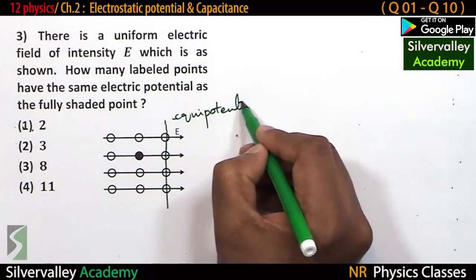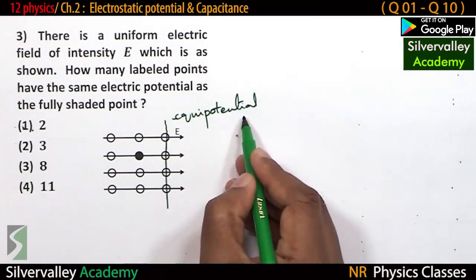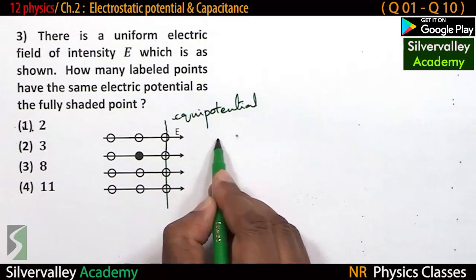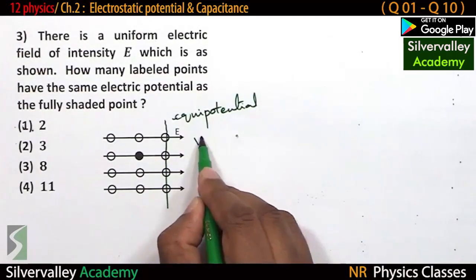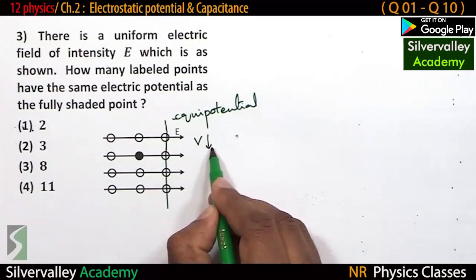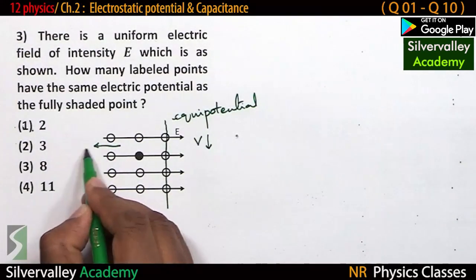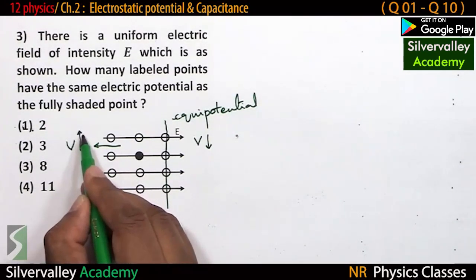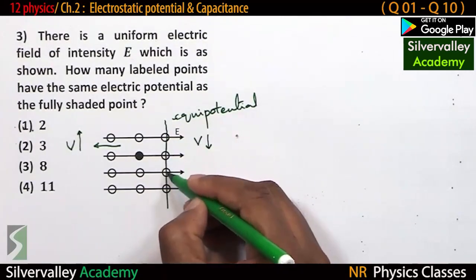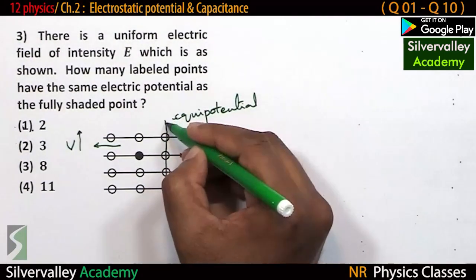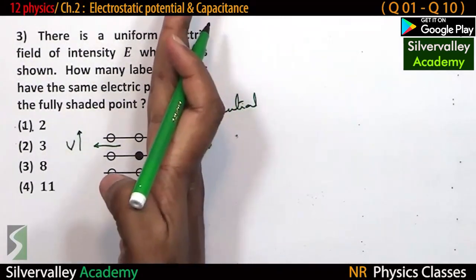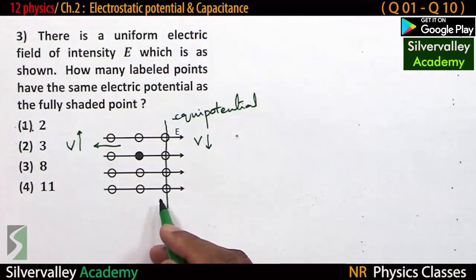Let me repeat. In the direction of electric field, potential decreases. Against the direction of electric field, potential increases. And these points are at the same potential. Therefore, equipotential line or equipotential surface.